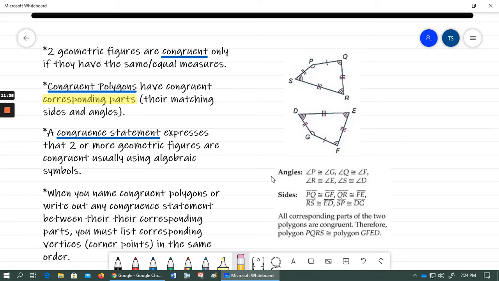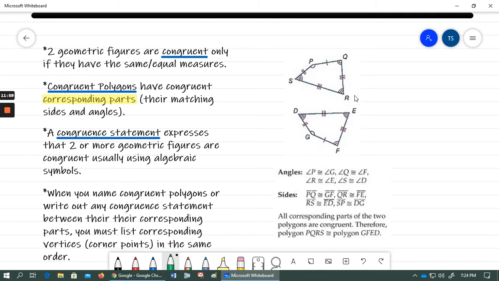Let me explain what I mean, so that you can get it. You see how over here they've got these corresponding angles listed out, and those are the corresponding vertices, the corresponding corner points.